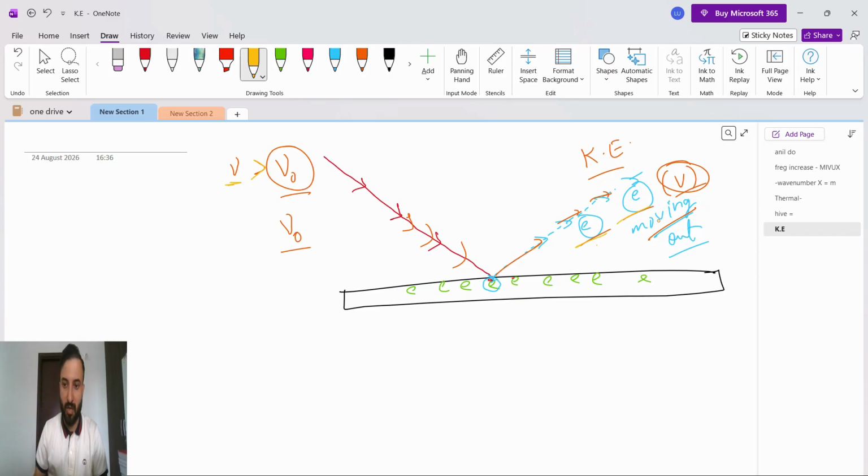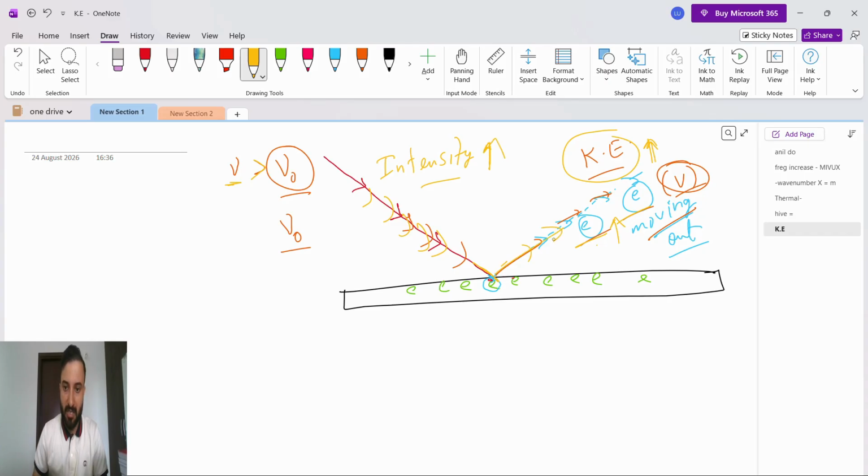If the electron is moving out, what will happen? Kinetic energy will also increase. So if the number of electrons is increasing, kinetic energy is increasing. How does the number of electrons increase? With the intensity of light. If the intensity of the incident light is very high, what will happen?